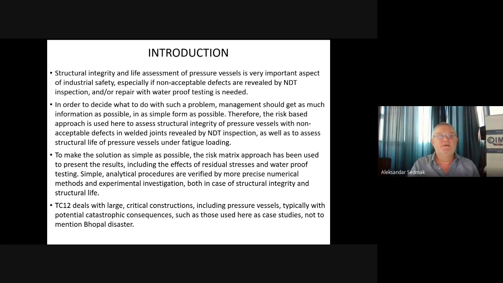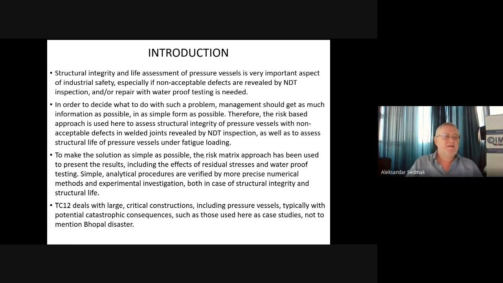So if we use analytical procedures, which are of course the simplest, or let's say the engineering approach, from time to time we should of course verify them by more precise numerical methods or experimental research, and I will also present one case like that.